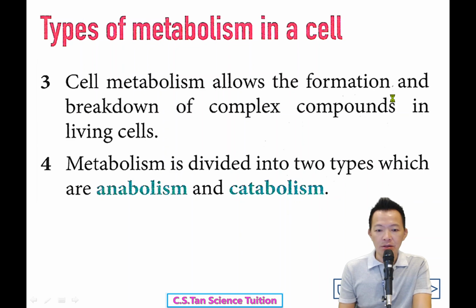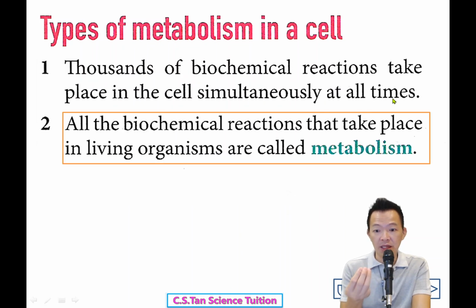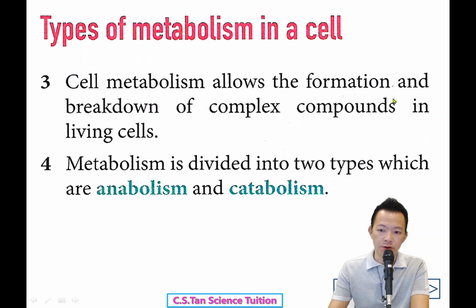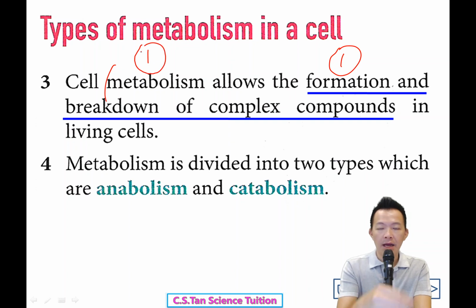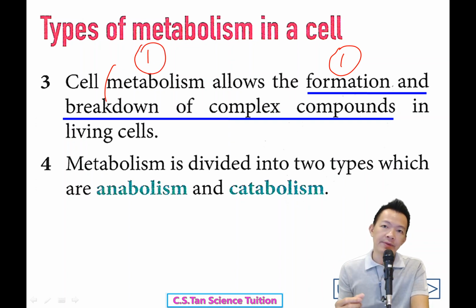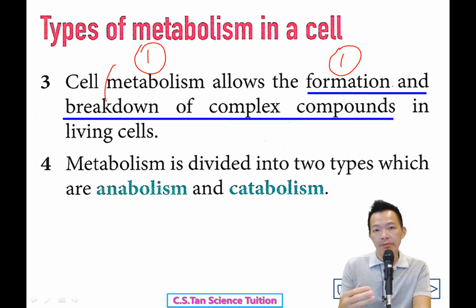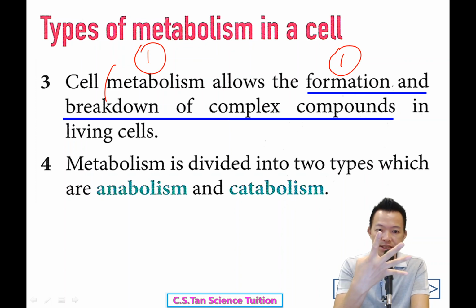When we talk about metabolism, we have two types of metabolism, 我们可以把它分成两种. Cell metabolism, 细胞的新陈代谢, allows the formation and the breakdown of complex compounds. It allows you to form, or breakdown, 就是解散, complex compounds. 你把吃到的东西变成复杂的化合物, or you decompose 复杂的化合物 into simple substances.